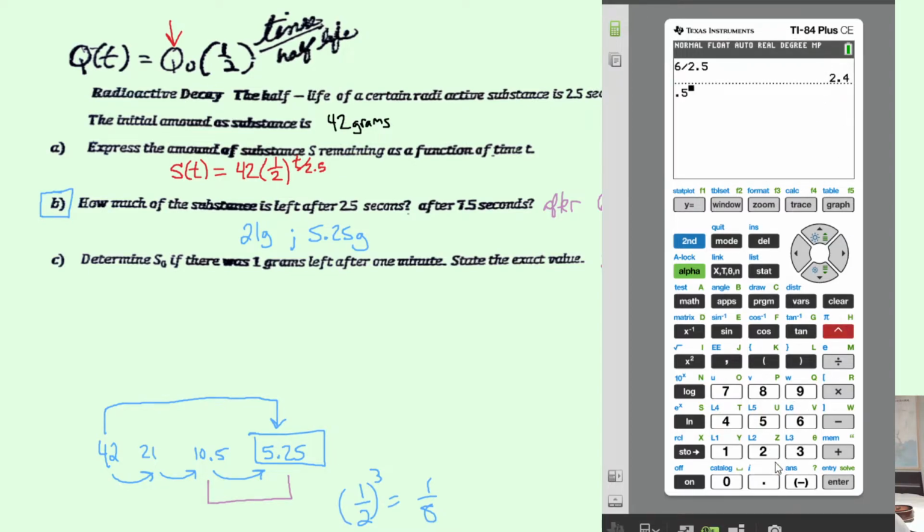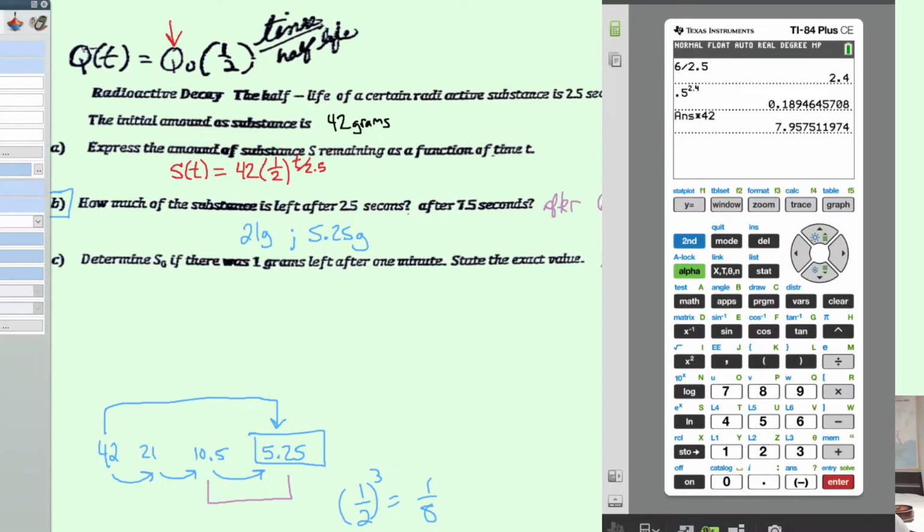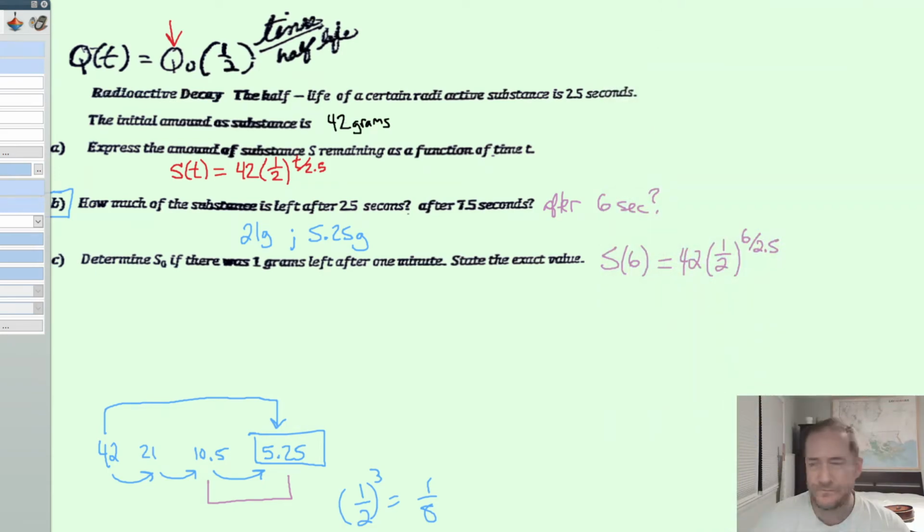So 1/2 to the power of 2.4 gives me that. And then I'm multiplying that by my initial amount, 42. So we're down to 7.958. So just in case you were wondering.